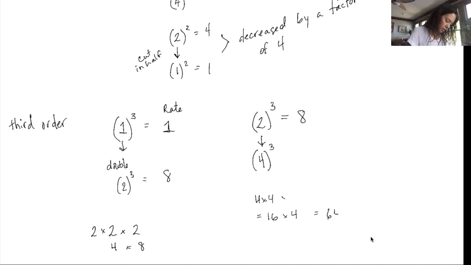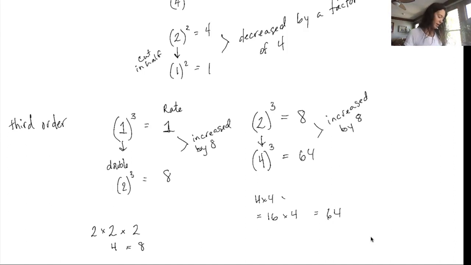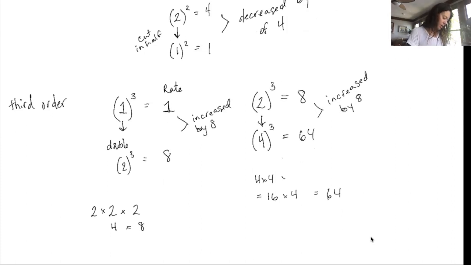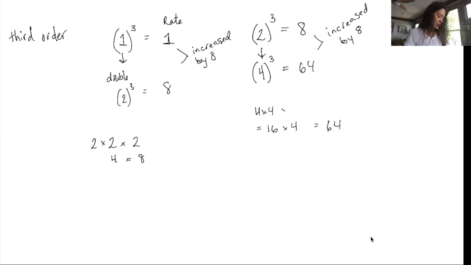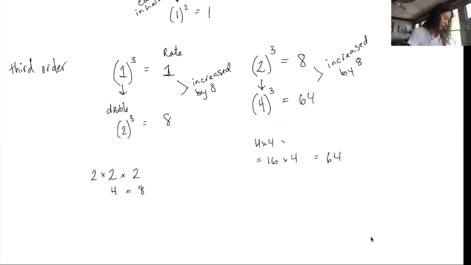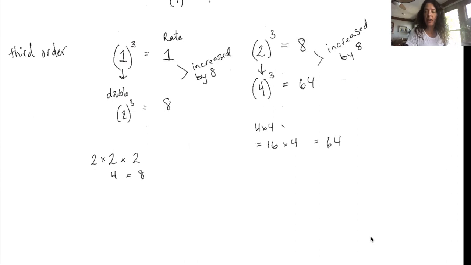Okay. So here we increased by 8. Just wanted to make sure we had some consistency, right? Because I'm an old lady, and I make silly mistakes sometimes. Increased by 8. Okay, so if it's third order, it increases by 8. Tell me if I'm doing something wrong. Okay, that's how you would figure that out.